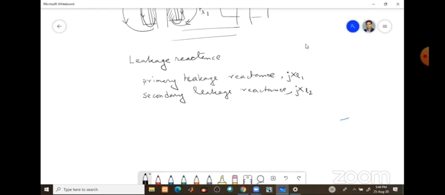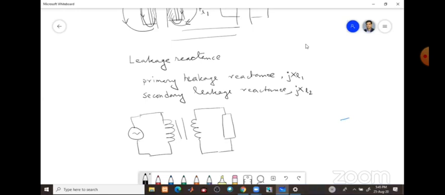Now, suppose this is the primary coil. Any transformer we generally represent like this. This is one coil, this is the second coil. We call it primary if we connect some supply over here, and we call it secondary if we connect the load on this side.